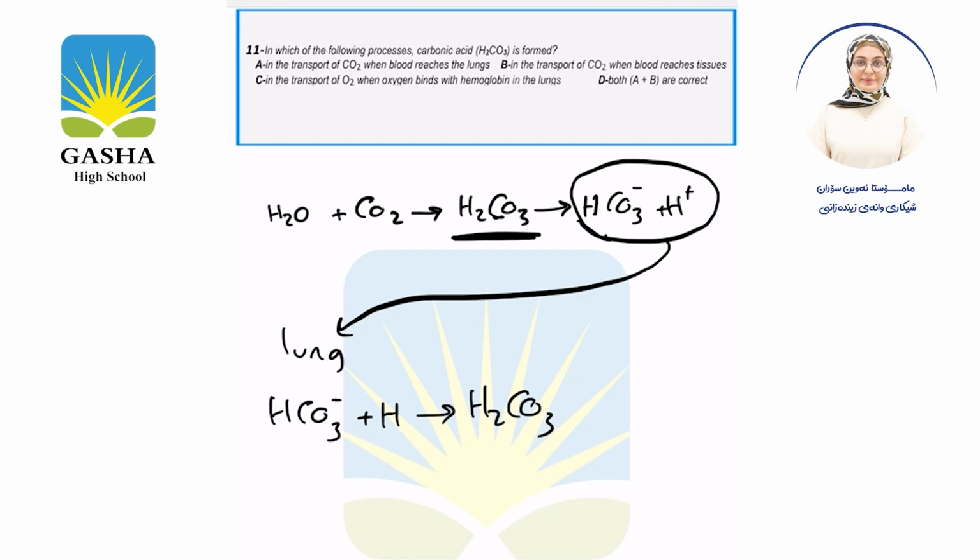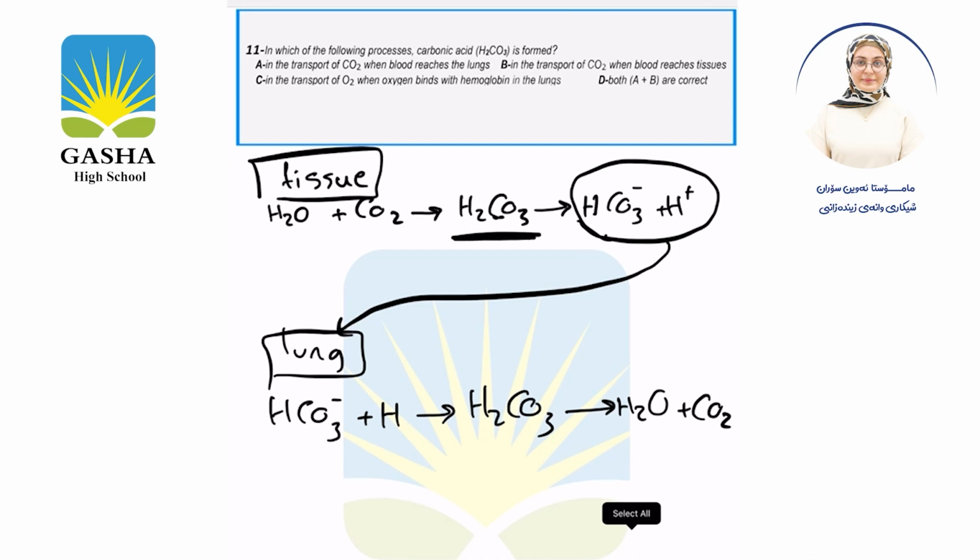After that, the carbonic acid directly becomes what? H2O plus CO2. So again, in the lung too, and in tissue, both of them, the H2CO3, carbonic acid, forms.